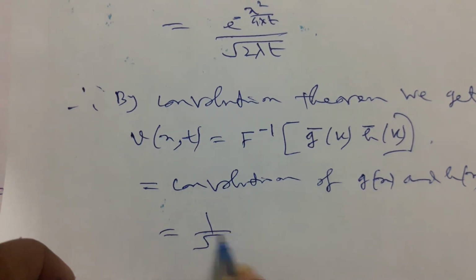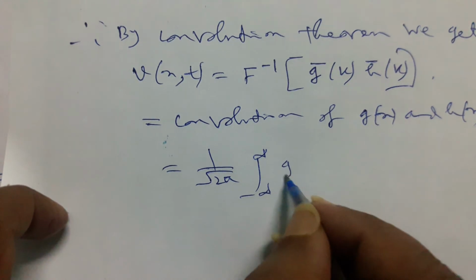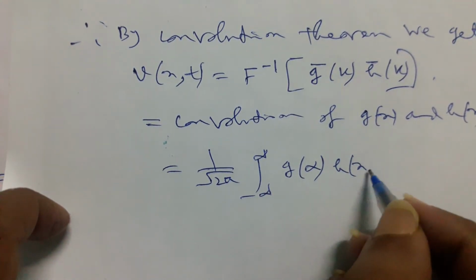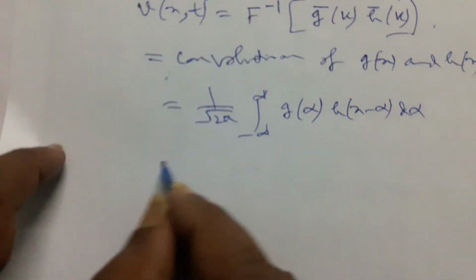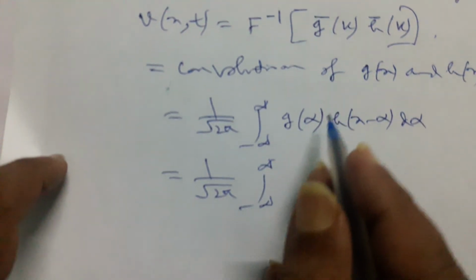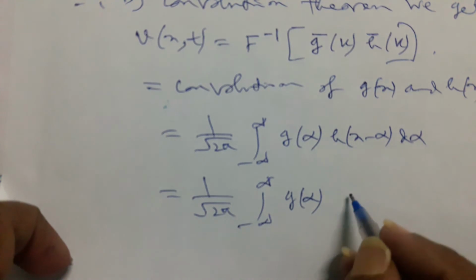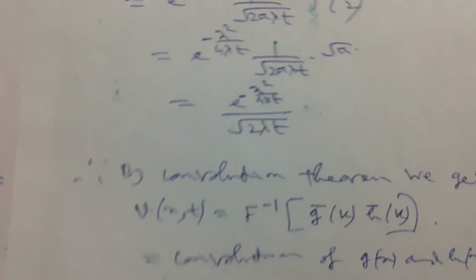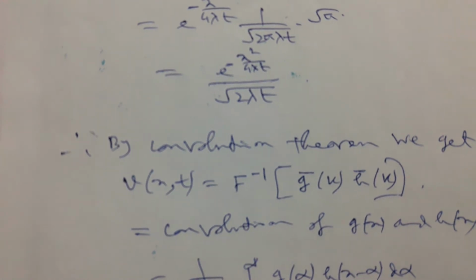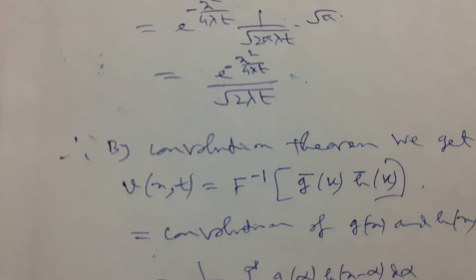Therefore, by definition, 1 by root over 2 pi, integral from minus infinity to infinity of g of alpha h of x minus alpha d alpha, which is 1 by root over 2 pi, integral from minus infinity to infinity of g of alpha, which remains the same, times h of alpha, that is e to the power minus x minus alpha whole square by 4 lambda t, by root over 2 lambda t, d alpha.